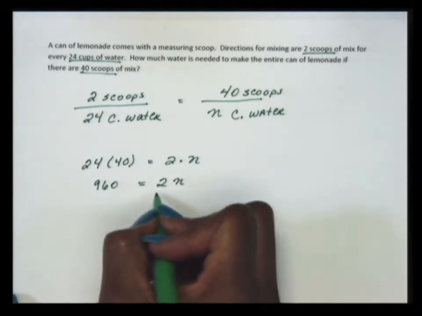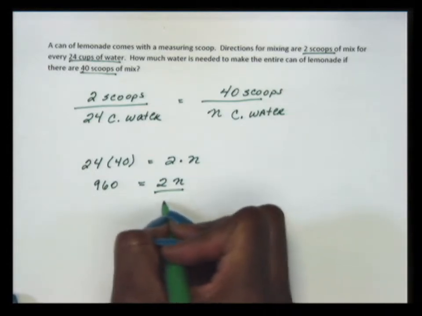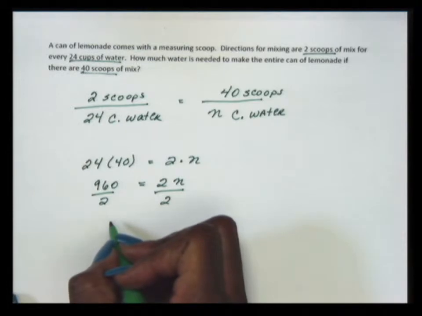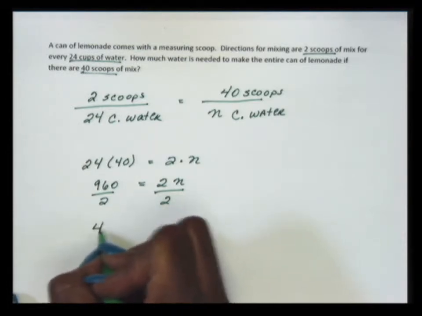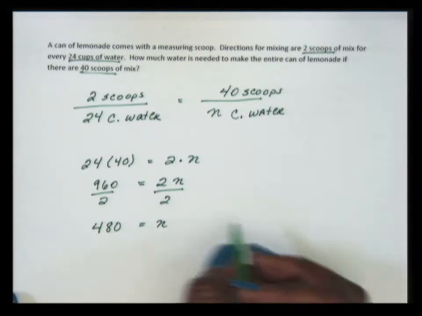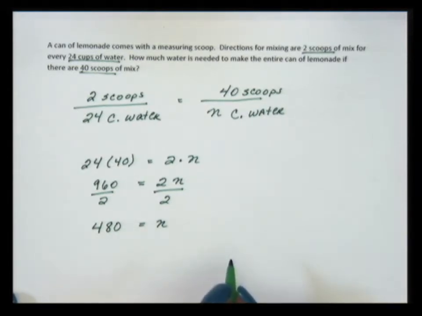And lastly, we'll divide by the number multiplied by n, so we'll divide by 2. Our answer is 480. So this tells us that we will need 480 cups of water to make the entire can of lemonade.